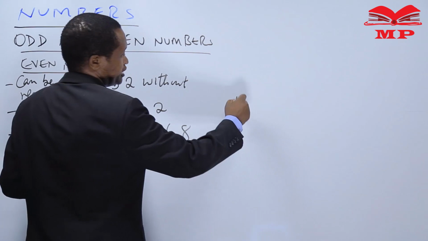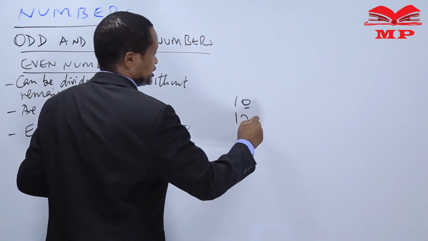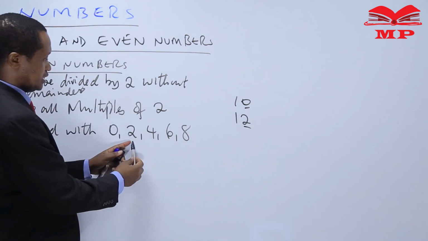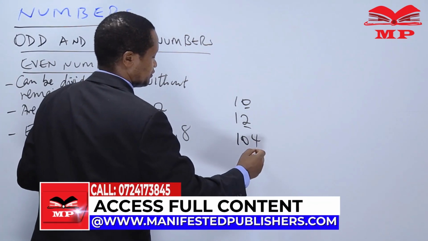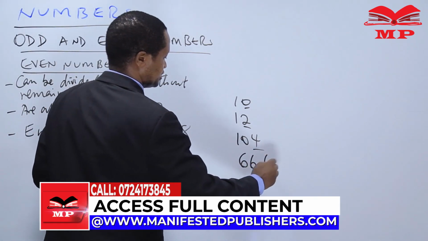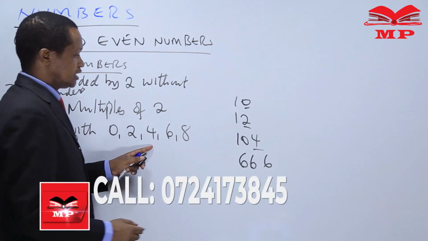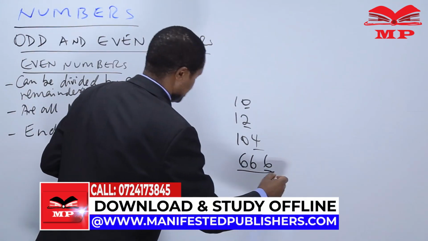A number like 10 has a 0 at the end. A number like 12 has a 2 at the end. A number like 104 has a 4 at the end. A number like 666 has 6 at the end. So this is an even number.